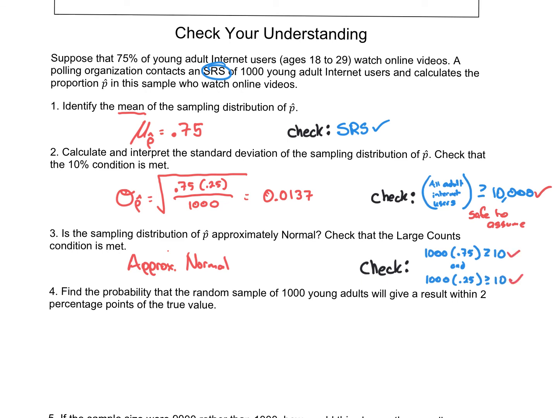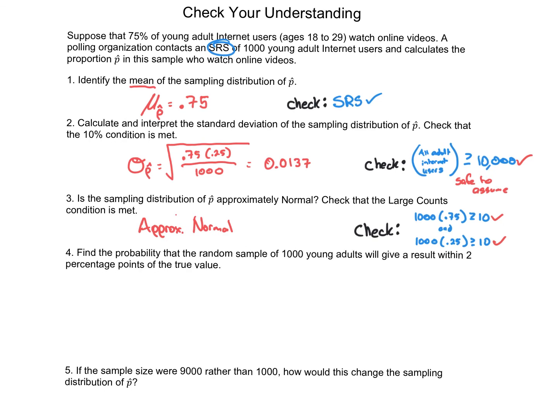Guess what? Both those numbers are greater than or equal to 10. Therefore, the thresholds are met, and we are good to go. So that is what I got. This gives us the mean, the standard deviation, and we know its shape.